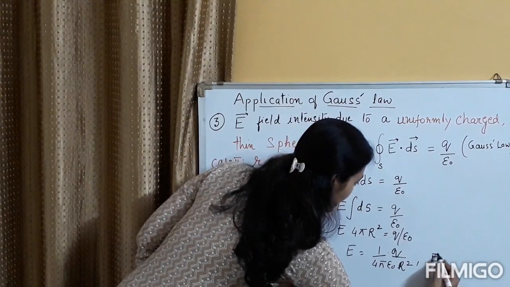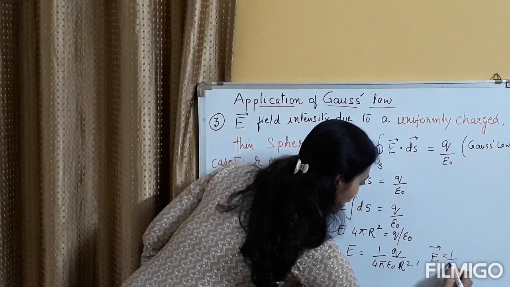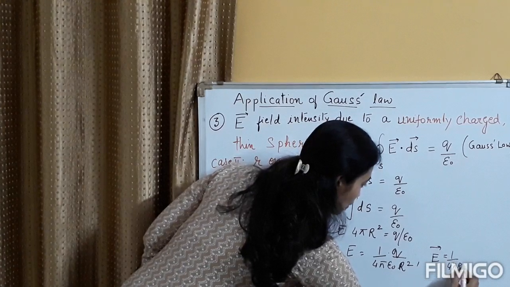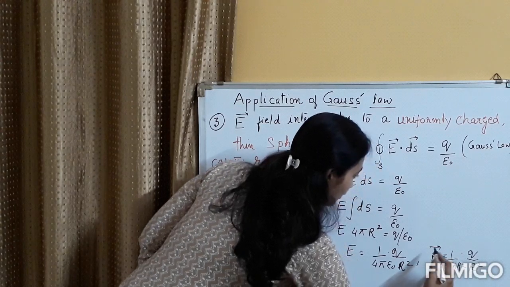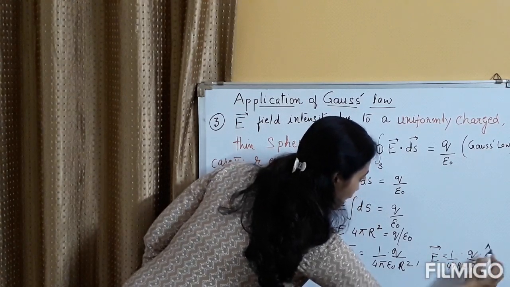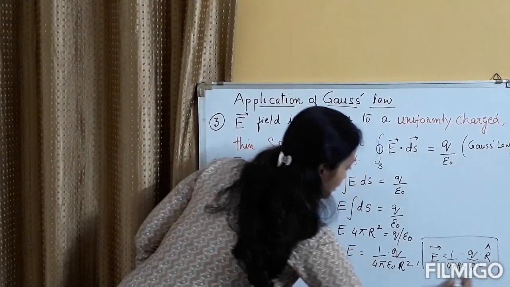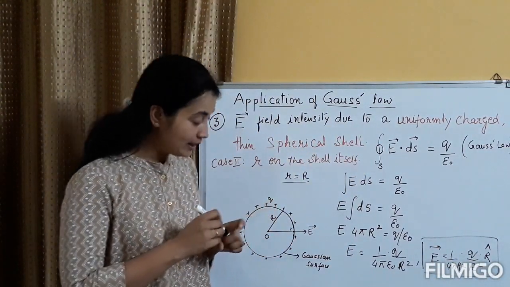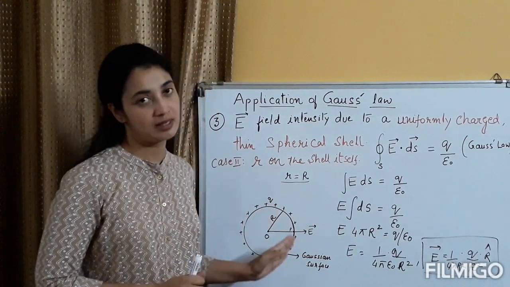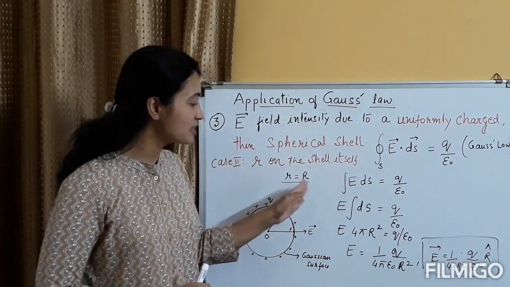If I write it in the vector form, it is 1 by 4 pi epsilon naught q upon R square in the direction of r cap. This is the second situation where we are finding the electric field on the shell itself. So small r becomes capital R.